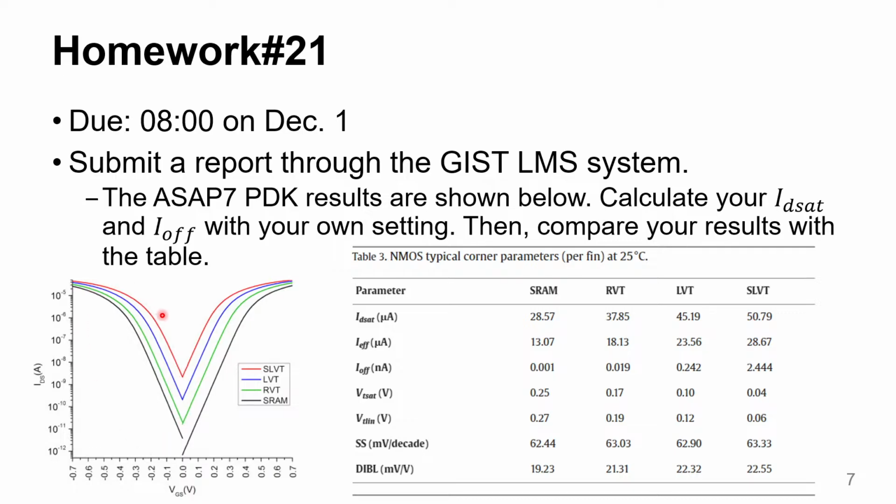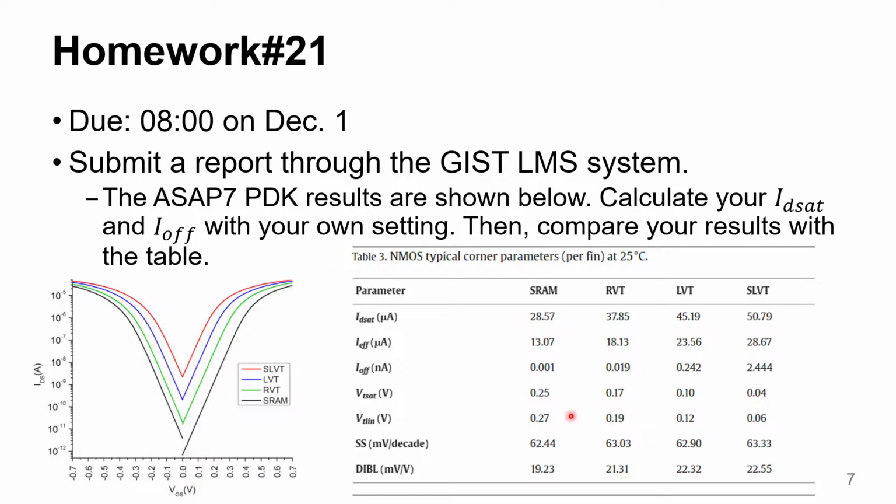These branches are for PMOSFETs, so we don't care about them right now. And these are for NMOSFETs, and they differ only by their gate work function. So by changing the gate work function, we can also change the threshold voltage.